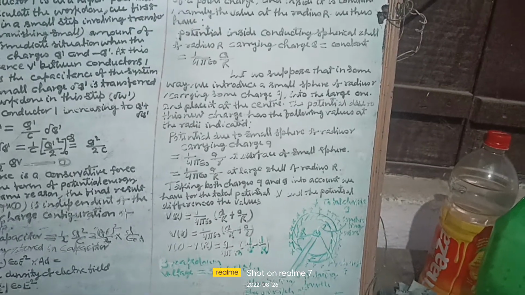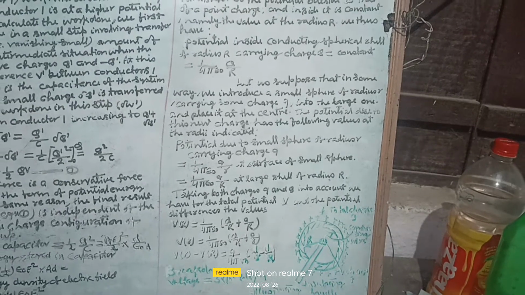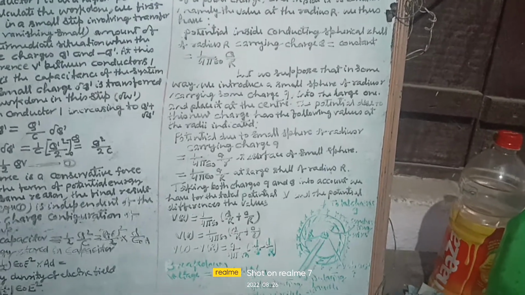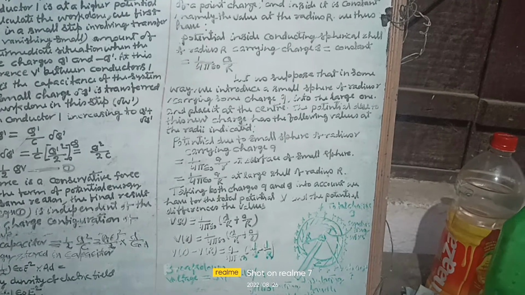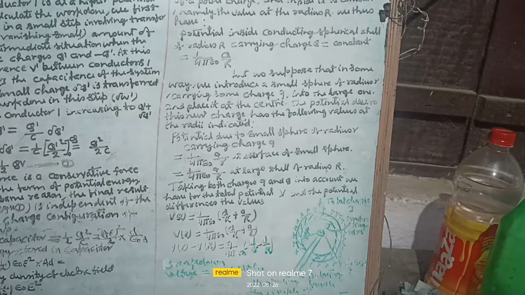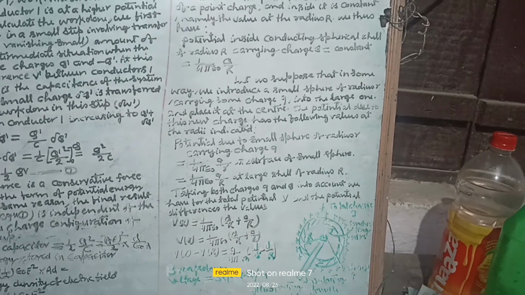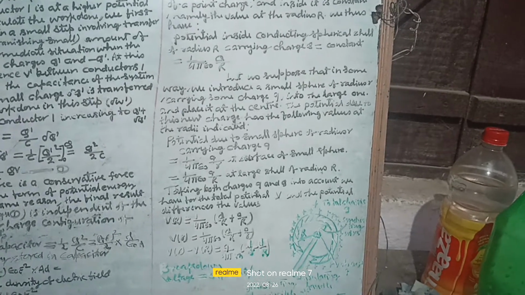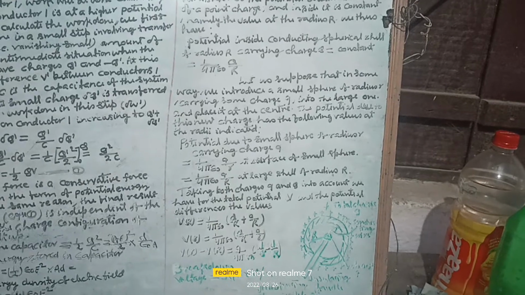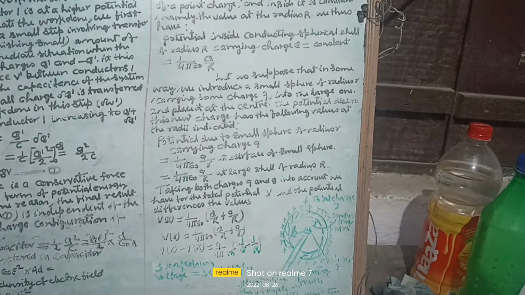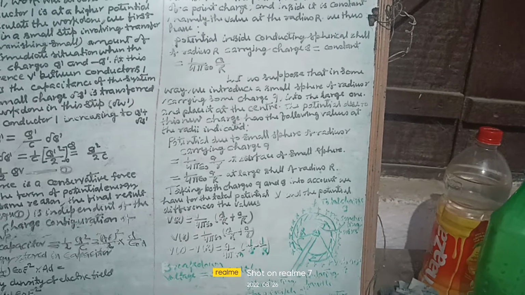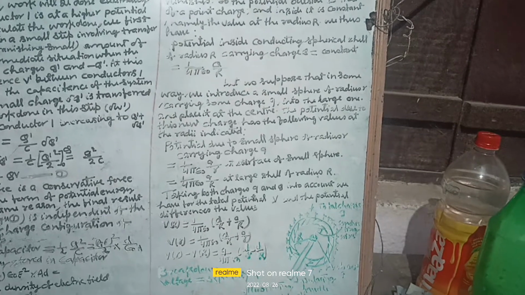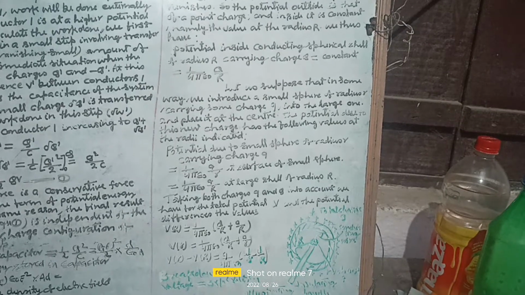Let us suppose that in some way we introduce a small sphere of radius r carrying some charge q into the large one and place it at the center. The potential due to the new charge has the following values at the radius indicated. Potential due to a small sphere of radius r carrying charge q is 1/(4 pi epsilon naught) q/r at the surface of the smaller sphere, and 1/(4 pi epsilon naught) q/R at the larger radius R. Therefore, the potential V at R is 1/(4 pi epsilon naught)(Q/R + q/R).